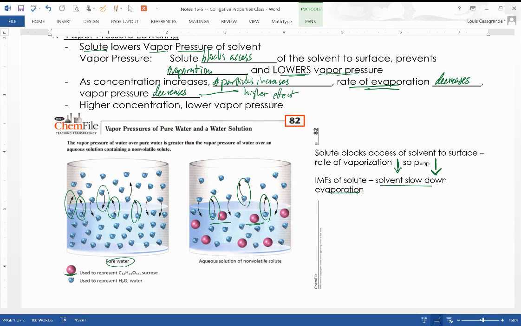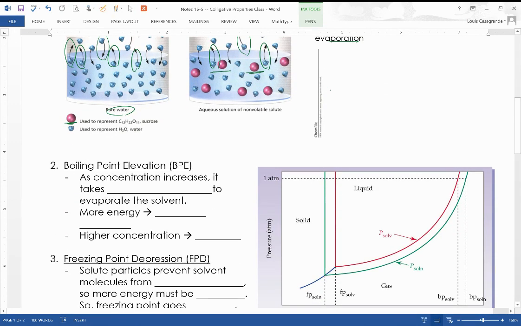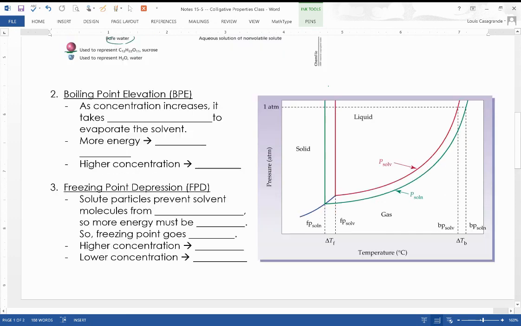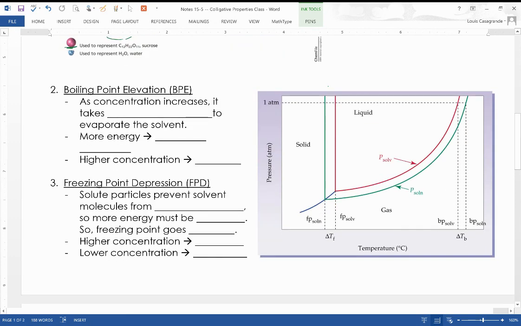Now, this vapor pressure then affects some other properties as well. And this blocking of the surface also affects some of the other properties. Now, what else happens at the surface is boiling. And so boiling point elevation is our next colligative property. And this diagram here is going to help us to understand it in a little more conceptual way rather than just the molecular way of looking at it.